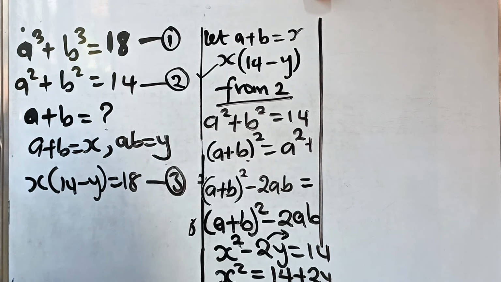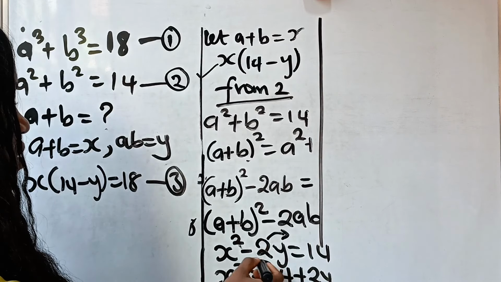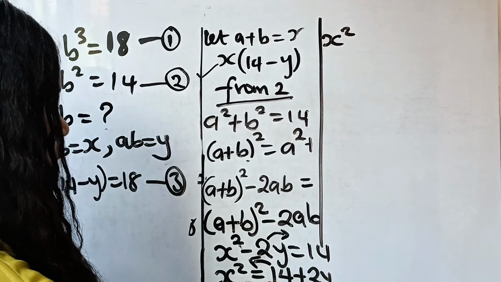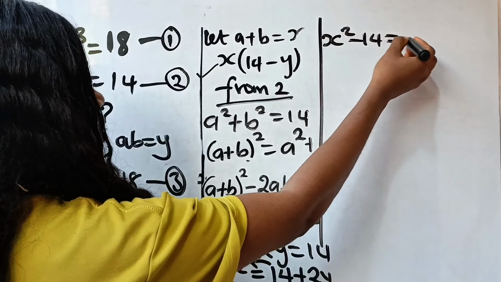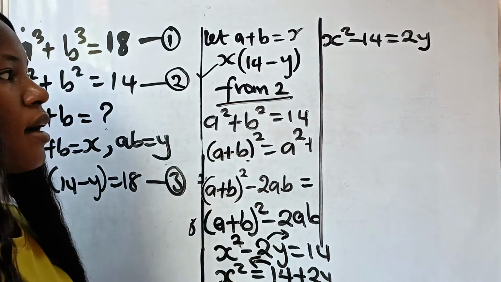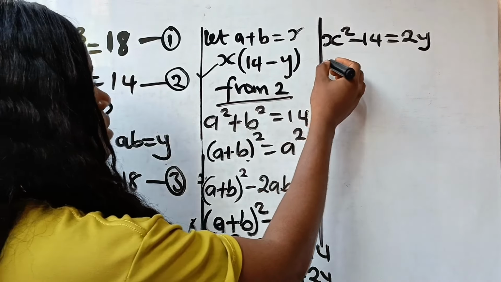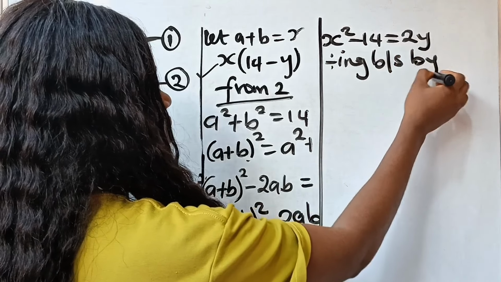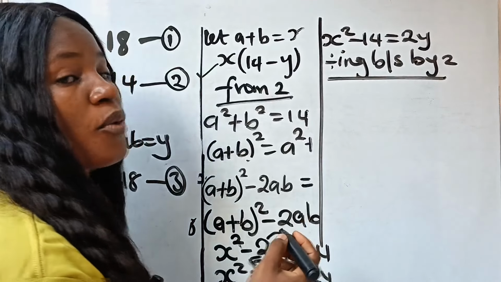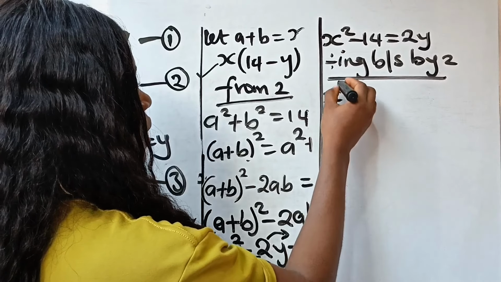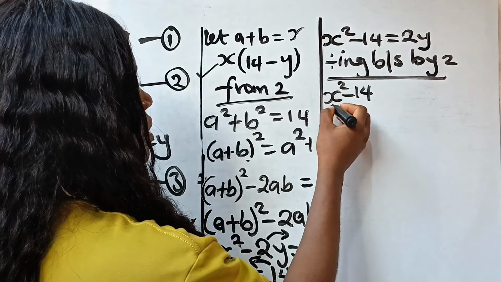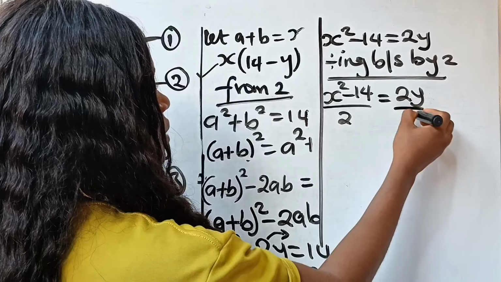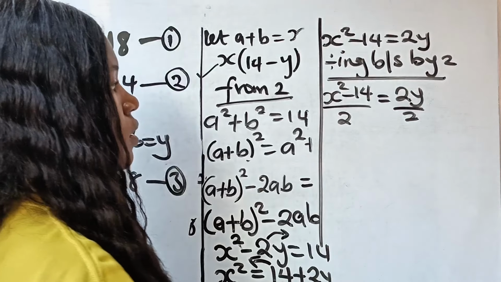Now let us transfer this 14 to this side. If we do that, we have x squared minus 14 is equal to 2y. Now dividing both sides by 2, we are going to have x squared minus 14 divided by 2 is equal to 2y divided by 2.